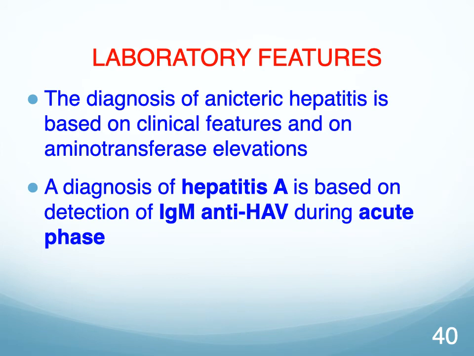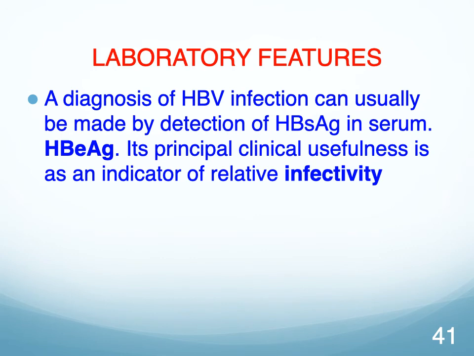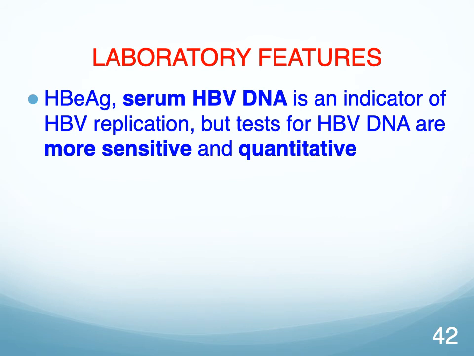Hepatitis A, we have already discussed in another part of the lecture. Diagnosis is based on detection of IgM anti-HAV during the acute phase. Whereas in HBV infection, HBeAg is the marker of infectivity. And serum HBV DNA is more sensitive and quantitative when it comes to hepatitis B detection.